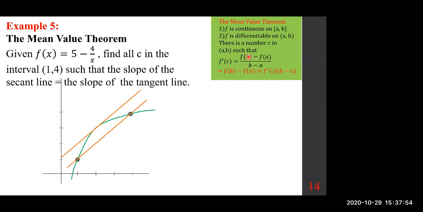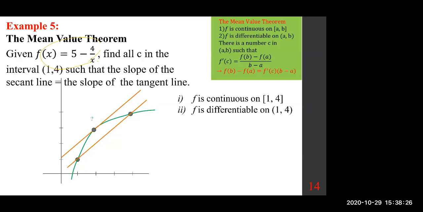I hope you realize that this function is continuous everywhere except at x equals 0. Same thing, differentiable everywhere except at x equals 0. And when you look at this interval, it doesn't contain 0, so we are good to go. F is continuous and differentiable from 1 to 4. Why is that? I want to make sure everybody understands why.